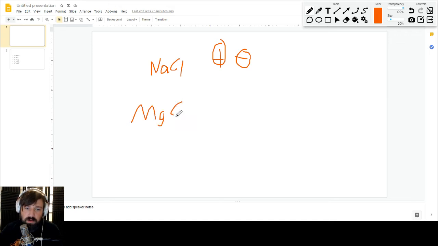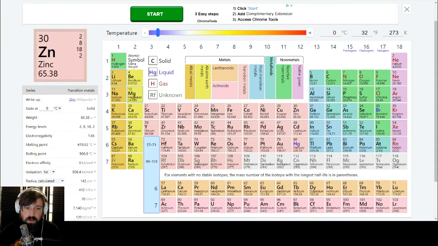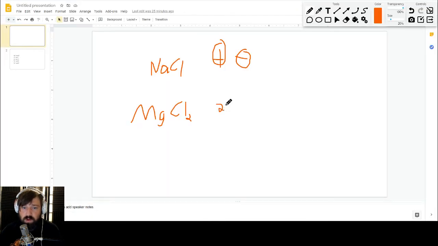Magnesium chloride, though. Magnesium, look here, magnesium is in group 2, so it's going to be a 2 plus charge. It means there's going to be 2 chlorines around this 2 plus to equal out the charge.